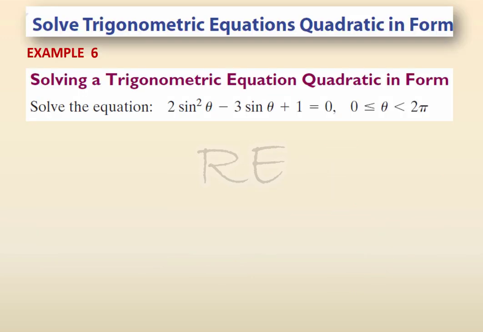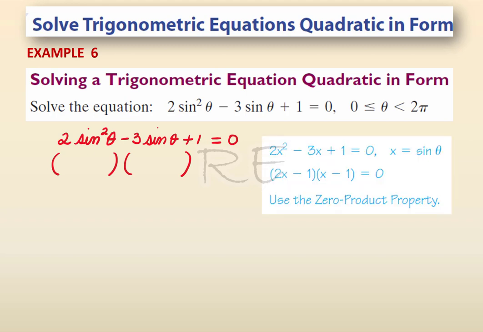We should notice that the equation 2 sine squared theta minus 3 sine theta plus 1 is a quadratic that's factorable. And 2 sine squared theta can be 2 sine theta times sine theta. And positive 1 is negative 1 times negative 1.